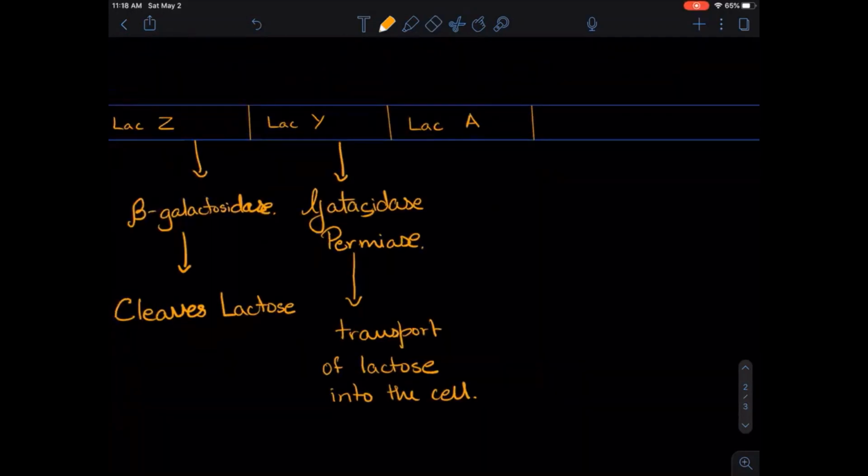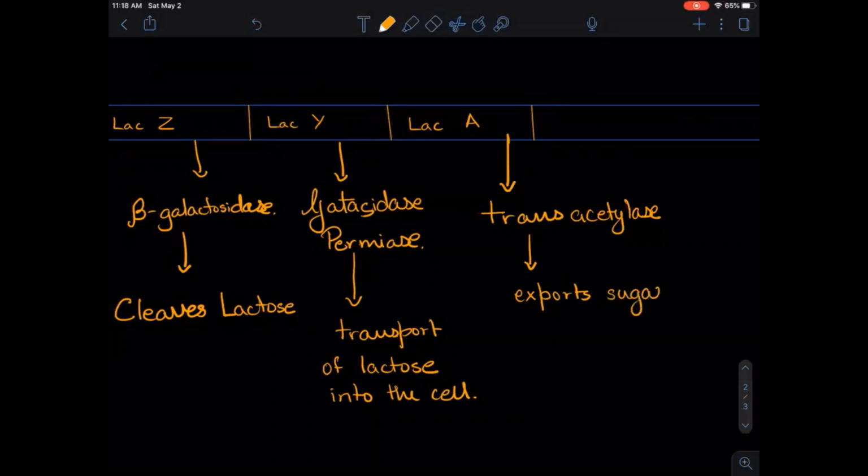The last is LAC-A, which codes for trans-acetylase, which exports the sugar from the cell. That is, it maintains concentration of sugars by transferring the acetyl group.